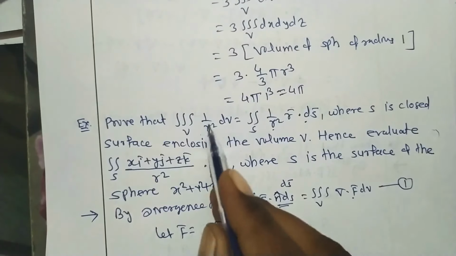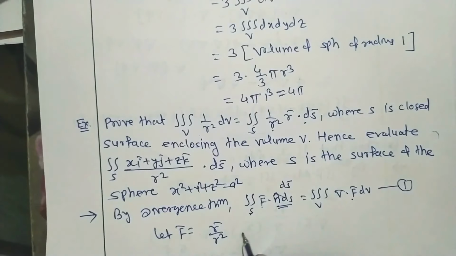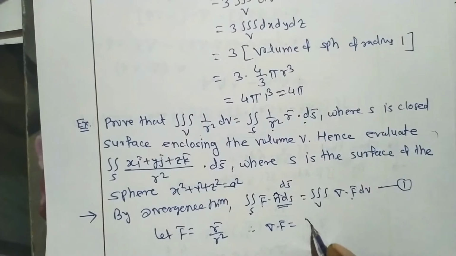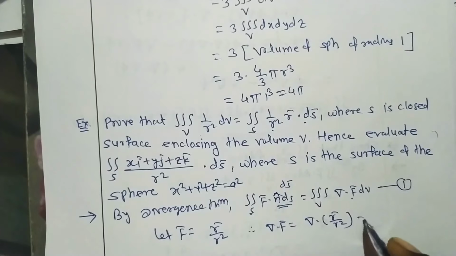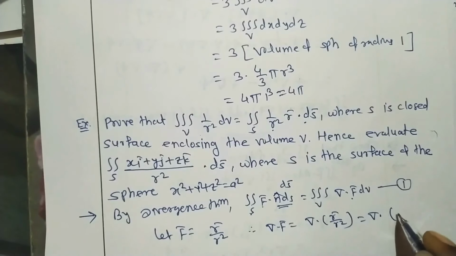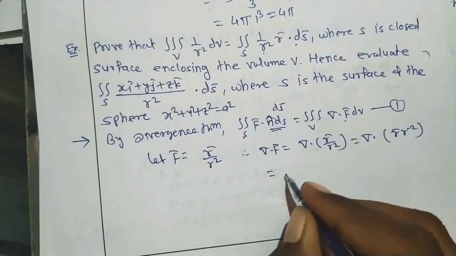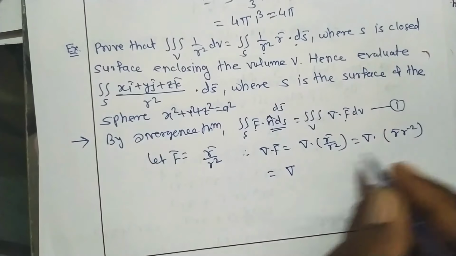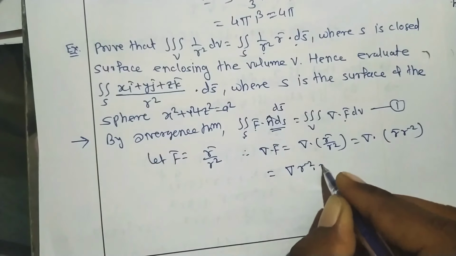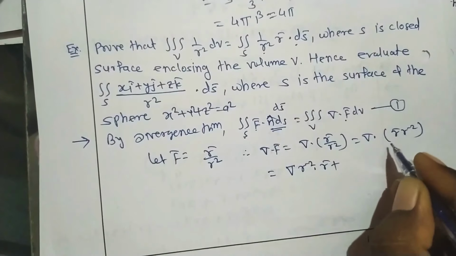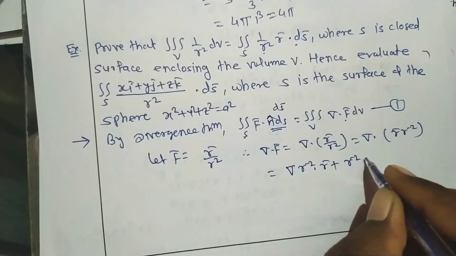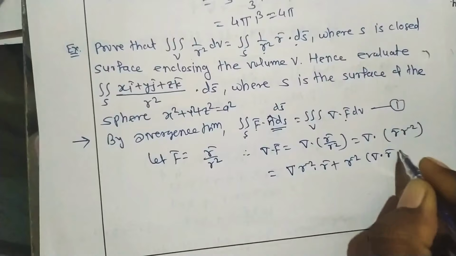What should del dot f bar come out to be? 1 upon r square, and therefore we will find here del dot f bar is equal to del dot of r bar upon r square. So del dot of r bar upon r square can be written as del dot of r bar into r raised to minus 2. Again using identity number 1, this can be written as del of r raised to minus 2 dot r bar plus phi, which is a scalar, r raised to minus 2 into del dot r bar.